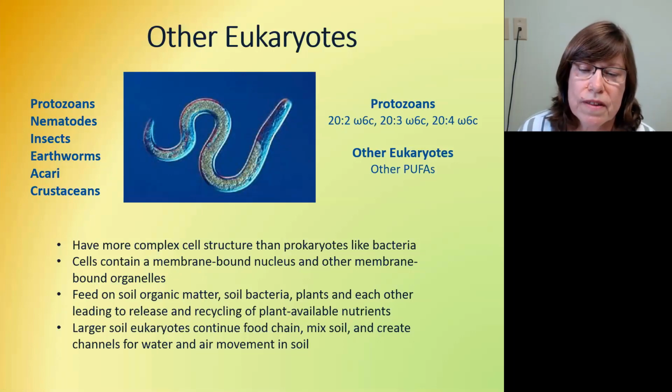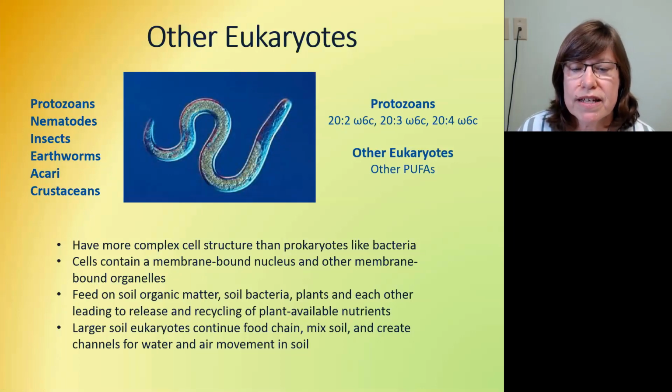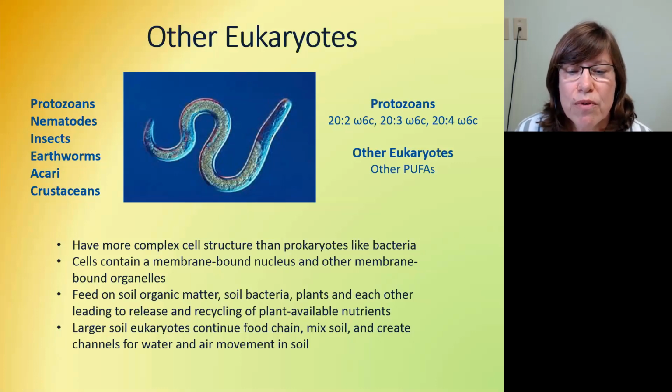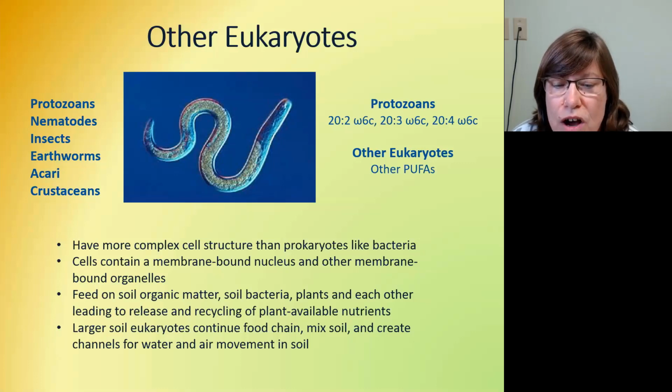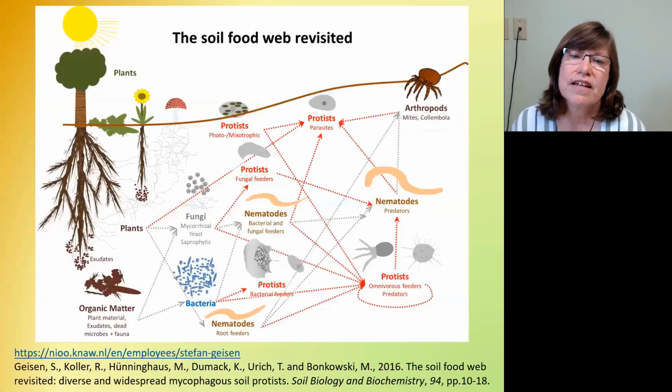One of the important things this group does is they are the upper end of the food chain, so they prey on the soil bacteria, and because they have a lower carbon to nitrogen ratio, as they devour the bacteria, some of the nitrogen is released into the soil and made available to plants.